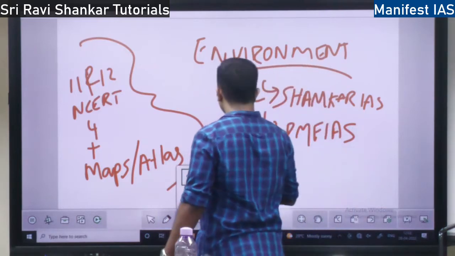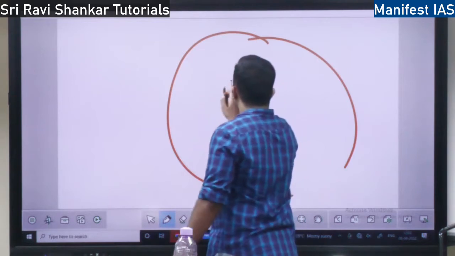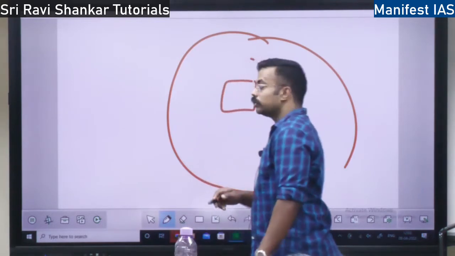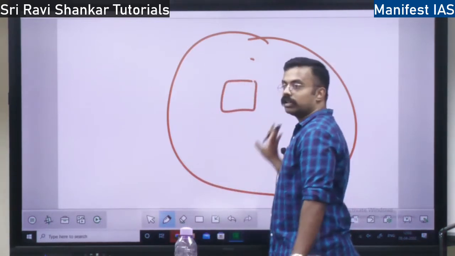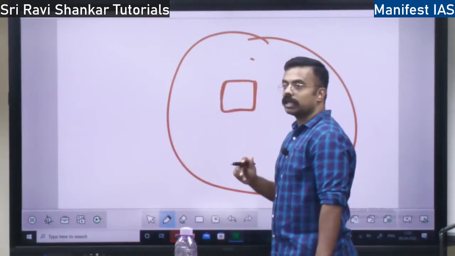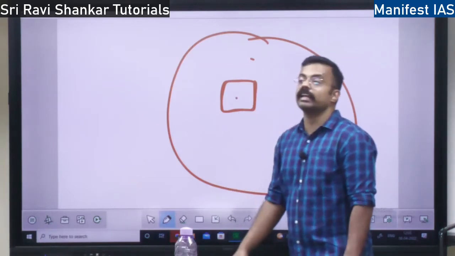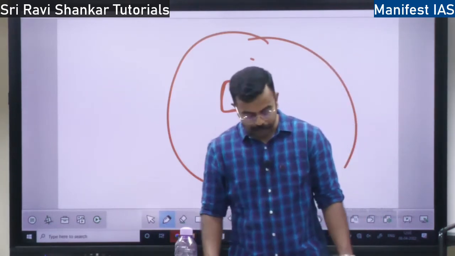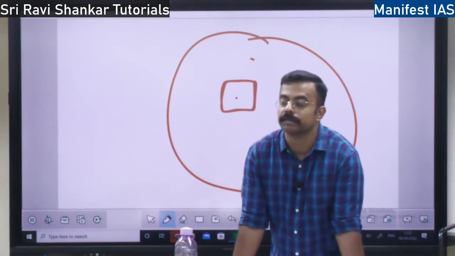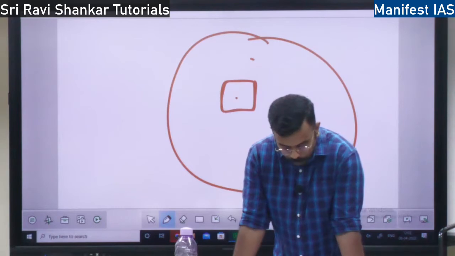Let's say there is a big biosphere, right? So there is one ecosystem, and this forms a structure. In this biosphere there is one structure called ecosystem, and it is functional. Functional means it is living, and there is a lot of interaction taking place. So the definition of ecosystem is, it is a structural and functional unit of biosphere.